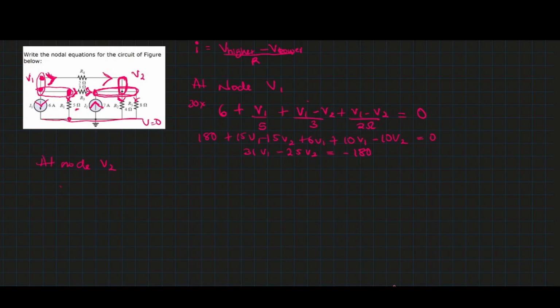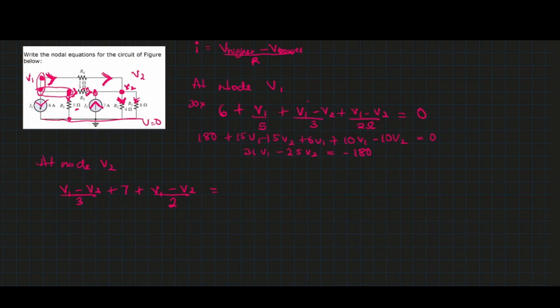So it's going to be V1 minus V2 over 3 ohms for this particular one. Then plus the 7 amps that's entering. I don't need to write an equation because it's already a current itself. And at this point, V1 minus V2 all over 2 ohms equals, what's the current exiting? This point and this point. Now I'll just erase this so you can get a good look. What is this?